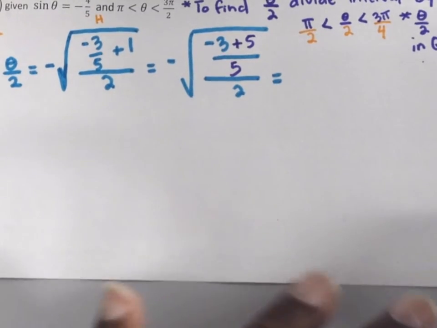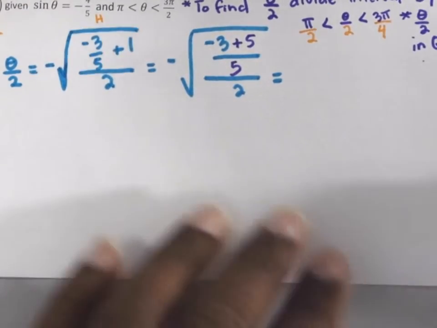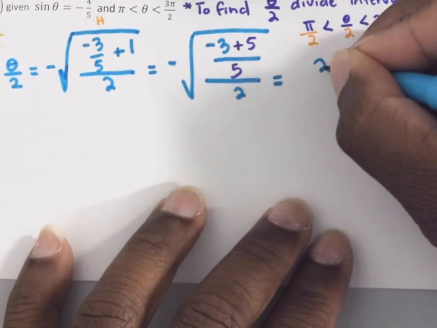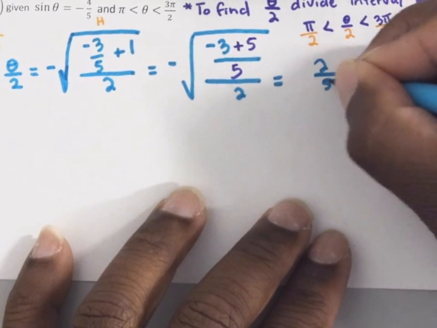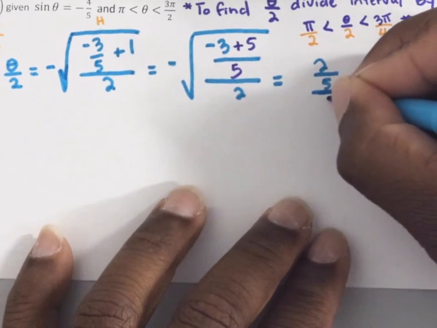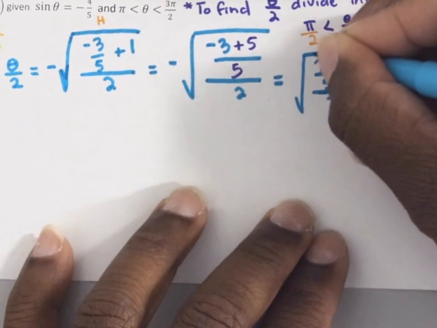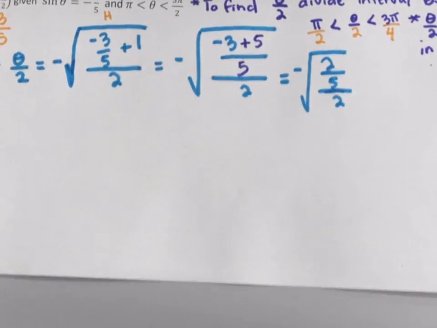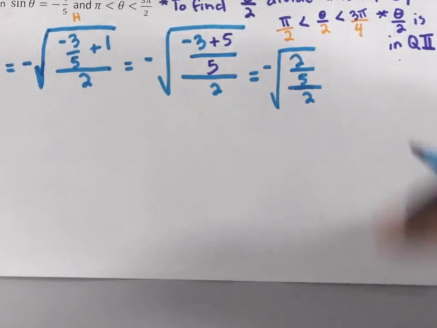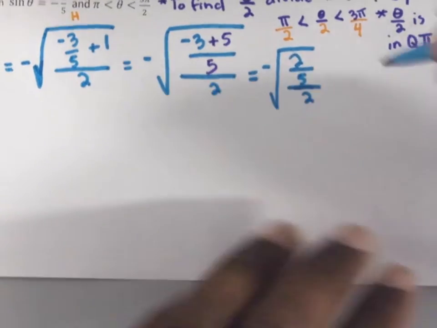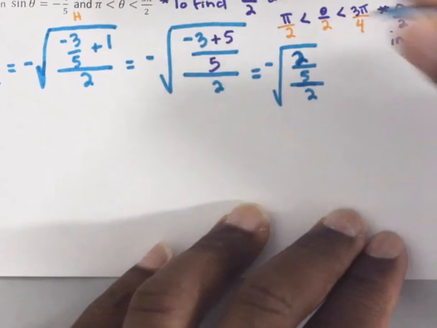-3 plus 5? 2. Two divided by 5, all over 2.